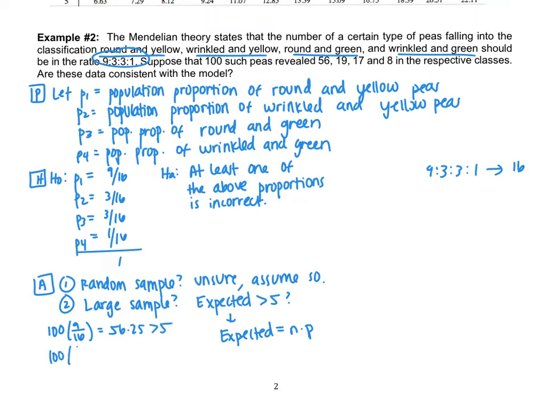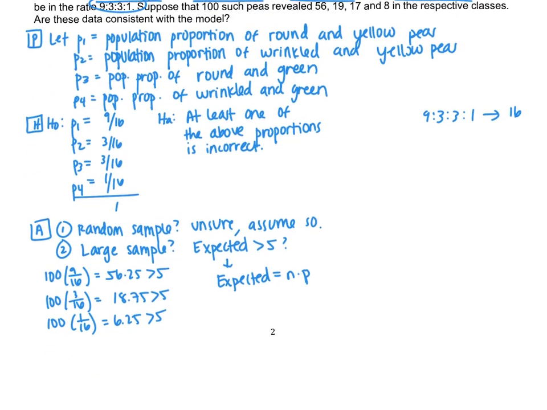Then I do my 3 out of 16, and that's 18.75. And then the 1 out of 16, and that is 6.25. So all are greater than 5.